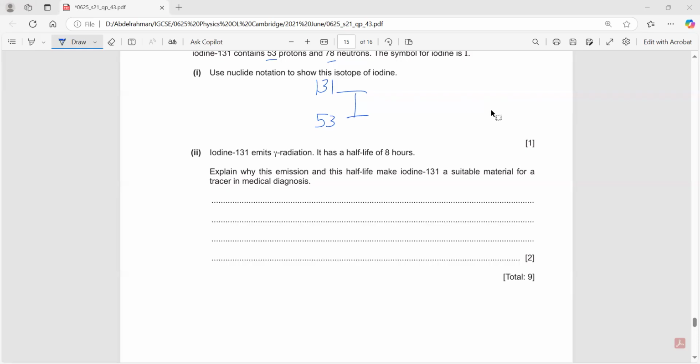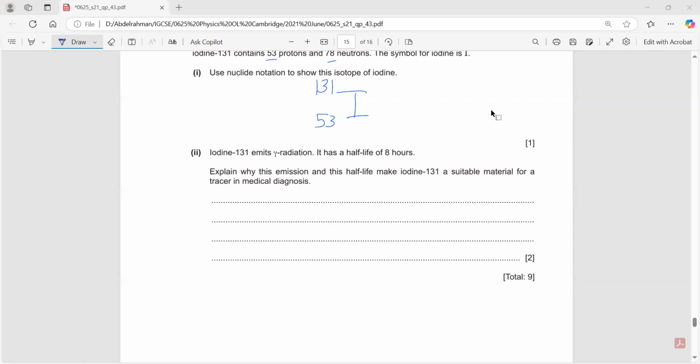If we talk about the half-life, it isn't too short and isn't too long. It is short enough that it wouldn't affect the patient in the long term, and long enough to be detected by the detectors.